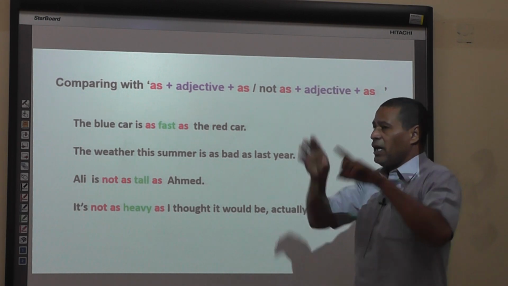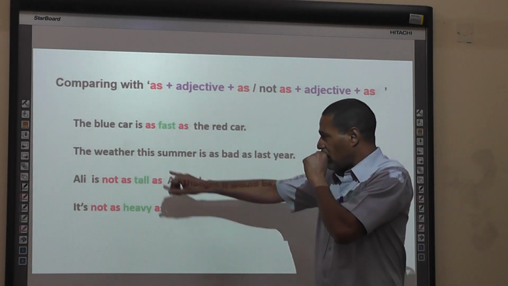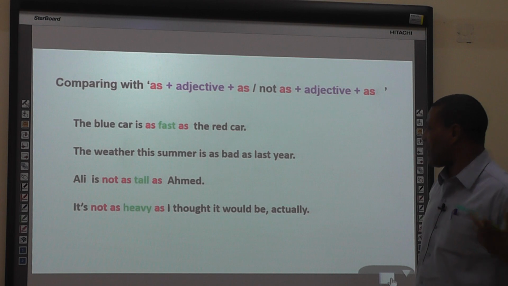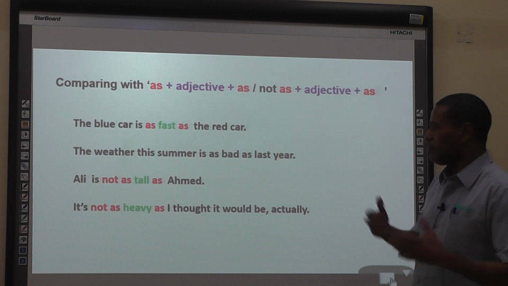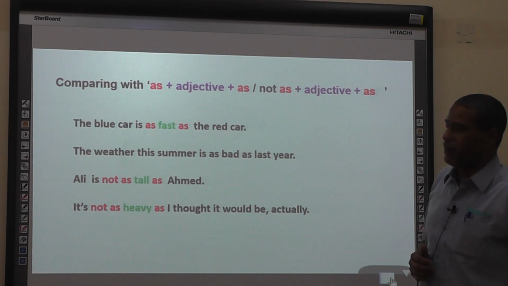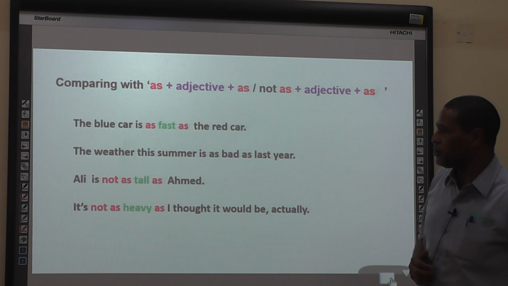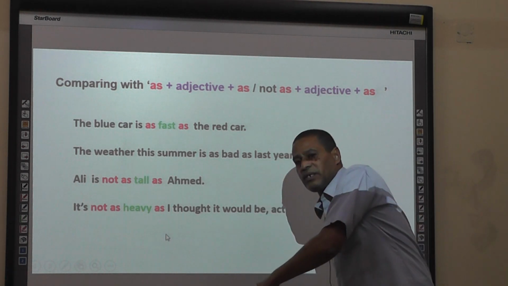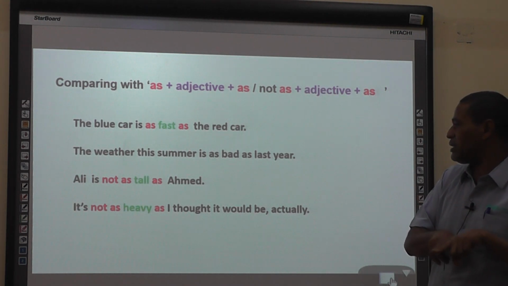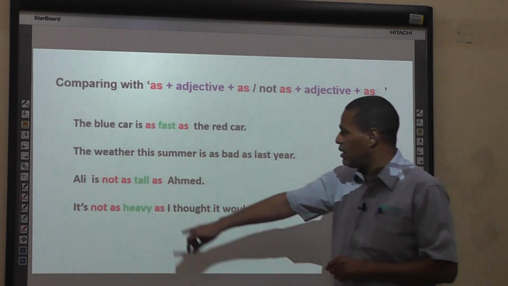So we can say A is as tall as B. The second one, the weather this summer is as bad as last year. Last year, the weather was very bad, very hot, very windy, a lot of sandstorms, and the same this year. So they are the same in this sense. So the weather this summer is as bad as last year.